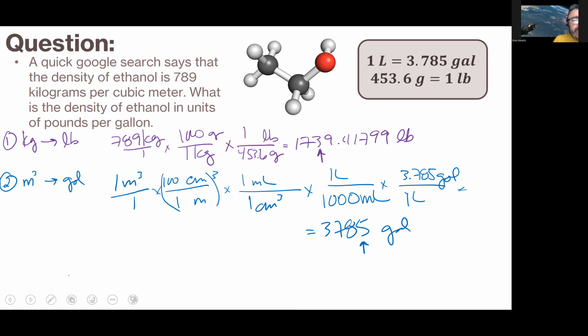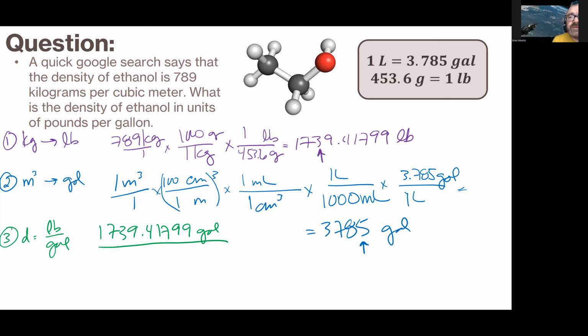Now, the last thing we're going to do is we want to get the density. To get the density, we want pounds over gallons. So our pounds, 1739.41799, over gallons, 3785. I wrote the wrong unit.